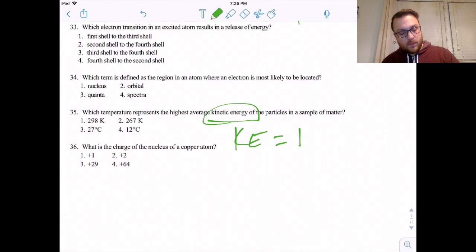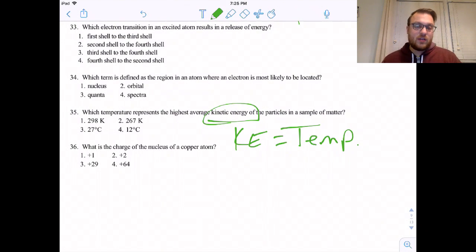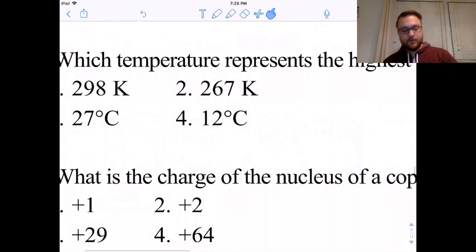Please keep in mind that kinetic energy, more specifically average kinetic energy, is the same as the temperature. So the higher the temperature, the higher the kinetic energy. You may or may not see a trick. If they are in different units, make them all the same unit.